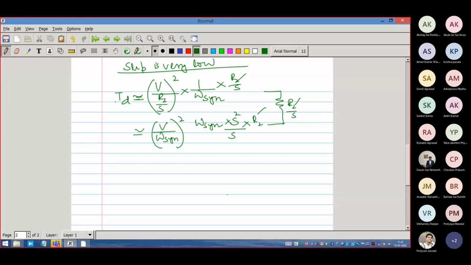Okay, did I do correctly? Yeah, no, I didn't do correctly. I am organizing it this way: V by omega sync square, denominator R2 dash by S.